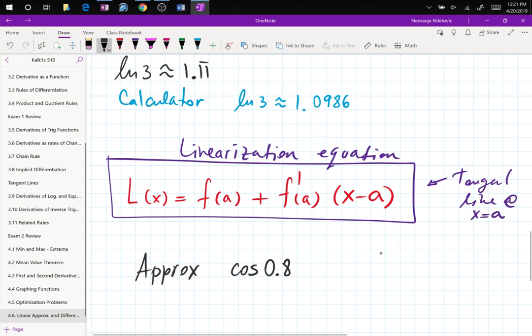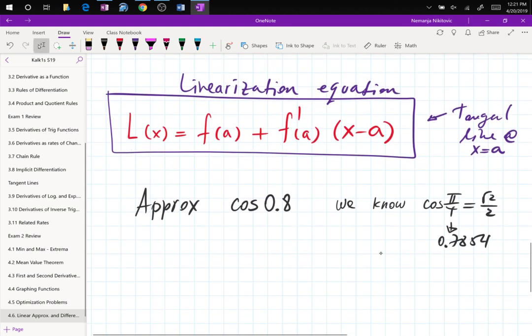Cosine of 0.8. Now we know that cosine of pi over 4 is root 2 over 2, and pi over 4 is 0.7854, which is close enough to 0.8. So now we find the tangent line. I'm going to do everything in one line.